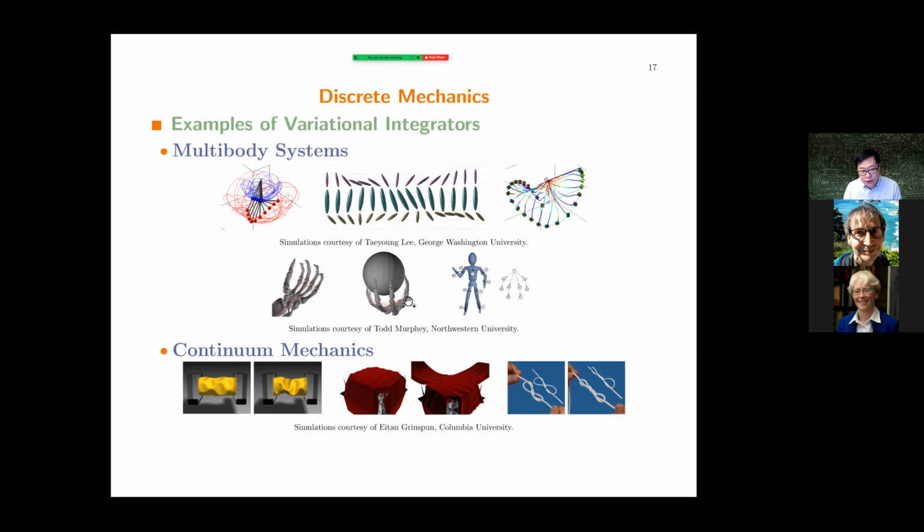It's also been applied to biomechanical models, in particular models of grasping for human skeletal systems. And this is due to Todd Murphy. Todd, in fact, has a really nice piece of code which allows you to construct these models by essentially interconnecting simpler models.